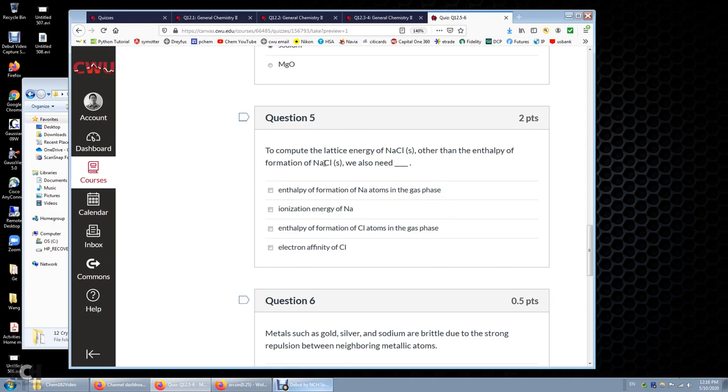So there's a gap there. So what we need is, we do need to bridge the gap. We need to go from this sodium solid to sodium atom, and from sodium atom to sodium plus. So we need the ionization energy of sodium. We need the enthalpy of formation of sodium atoms. Also, we need to go from chlorine gas to chloride.